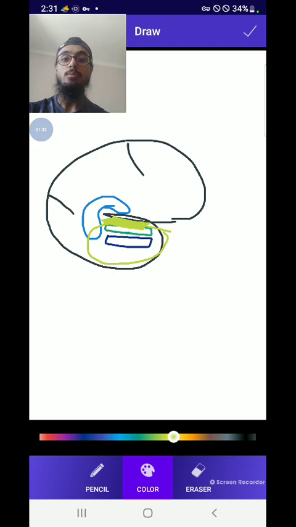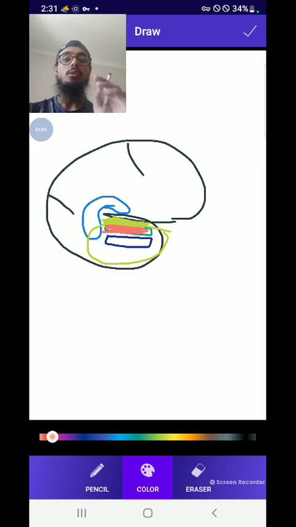So this is the location of the primary olfactory cortex, and the olfactory association cortex also follows the primary olfactory cortex. So these are the areas which are present deep in the temporal lobe.